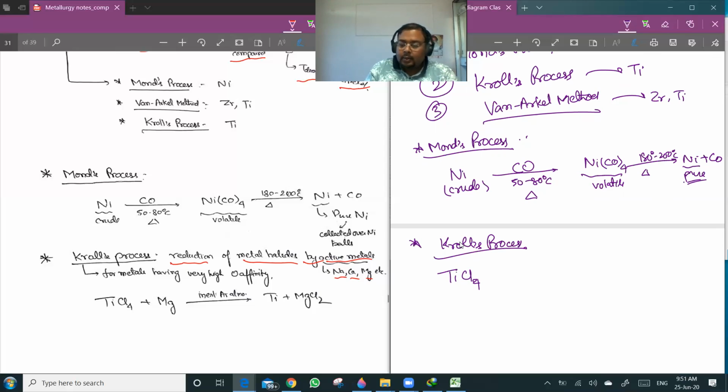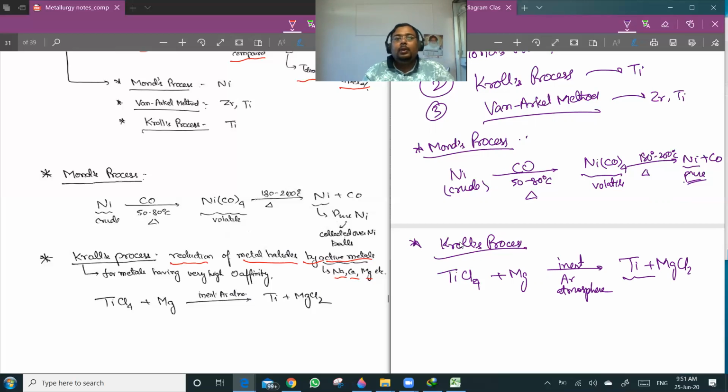Like TiCl4, if I react it with magnesium in an inert argon atmosphere, we get Ti plus MgCl2. Titanium here is a very precious metal, so it is the product.